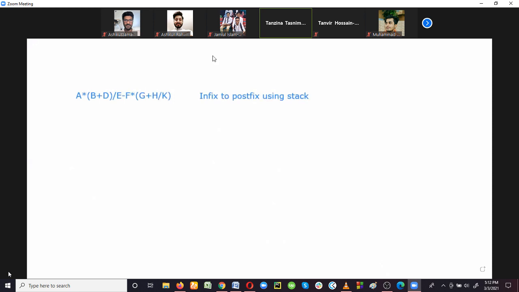Okay, so Tanvir, just tell us the representation or the result that you got. Okay, I'm just writing it here. It's ABD plus C plus plus multiplication then multiplication EFG, EFG is plus plus multiplication minus division.